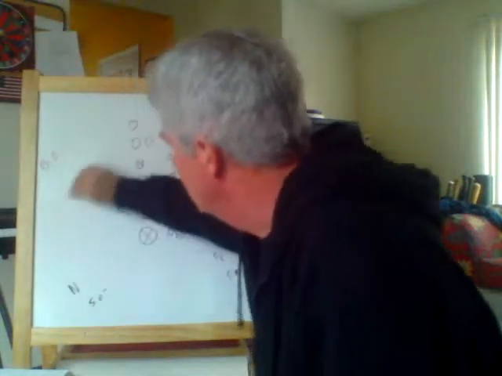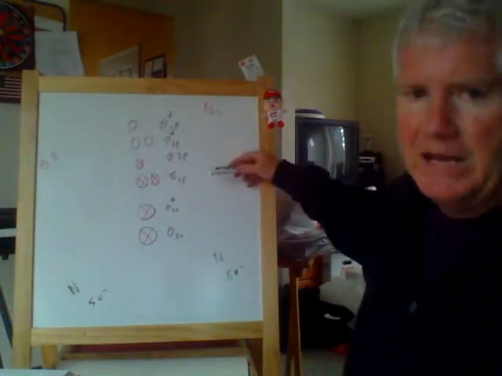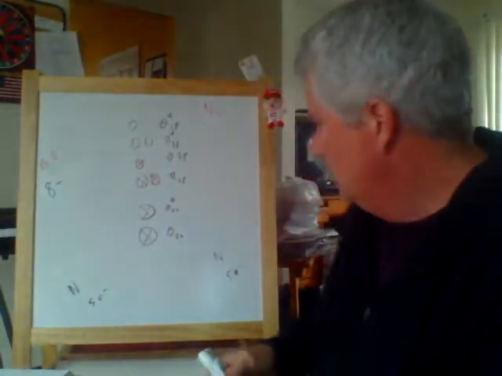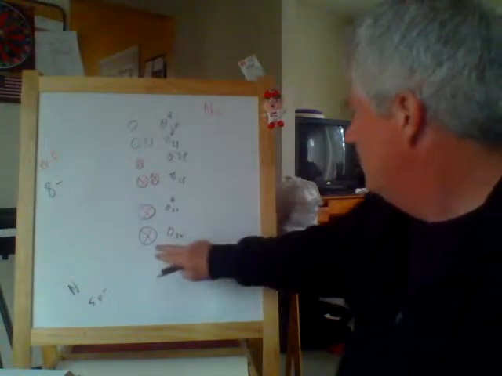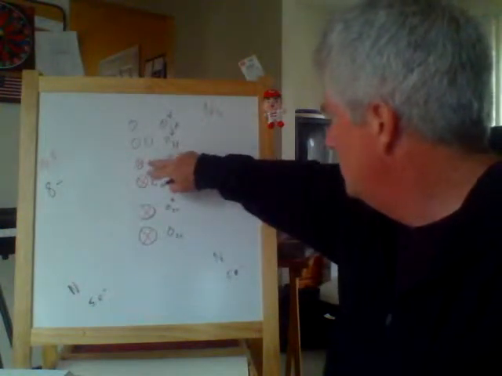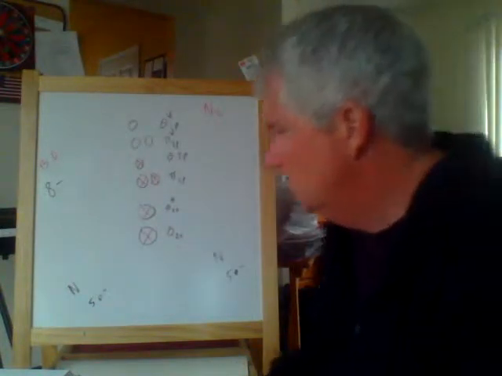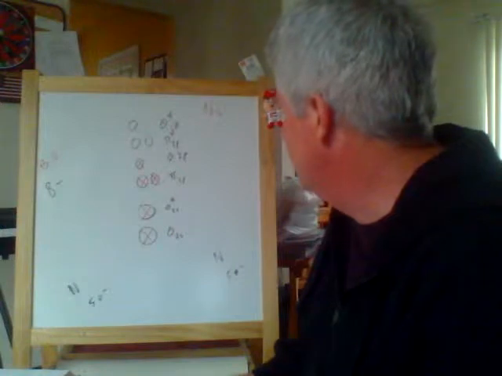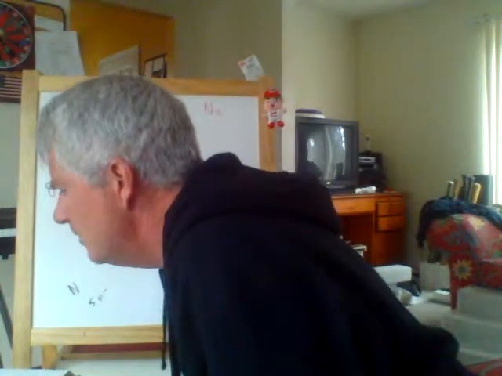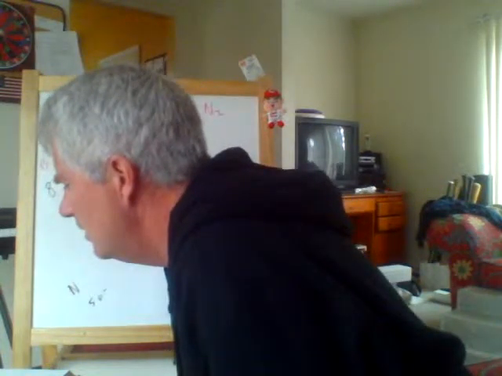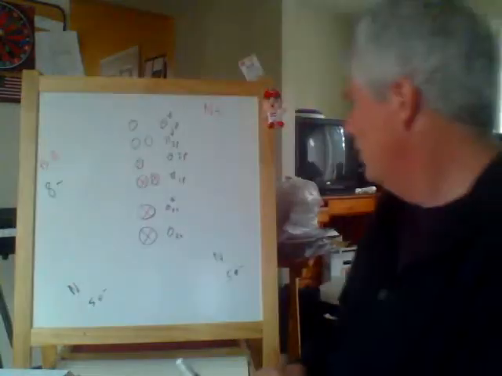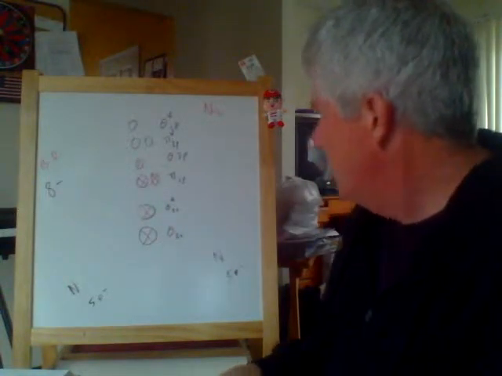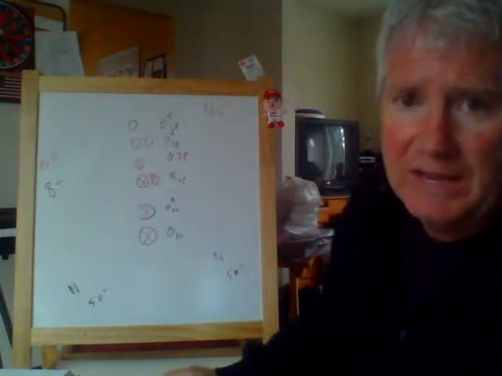Let's calculate our bond order for nitrogen. Number of electrons in bonding orbitals: 2, 4, 6, 8. Number in anti-bonding: 2.